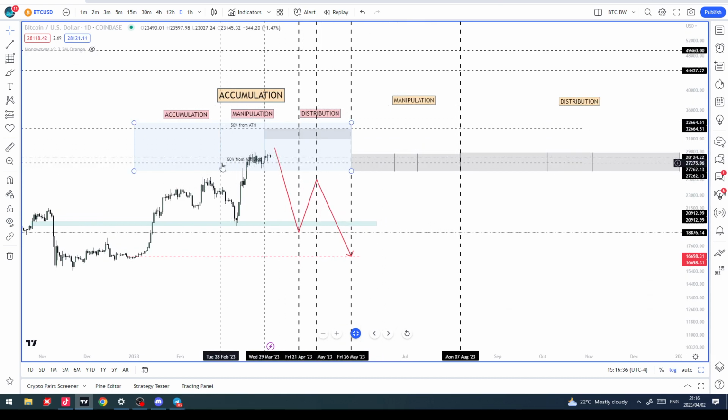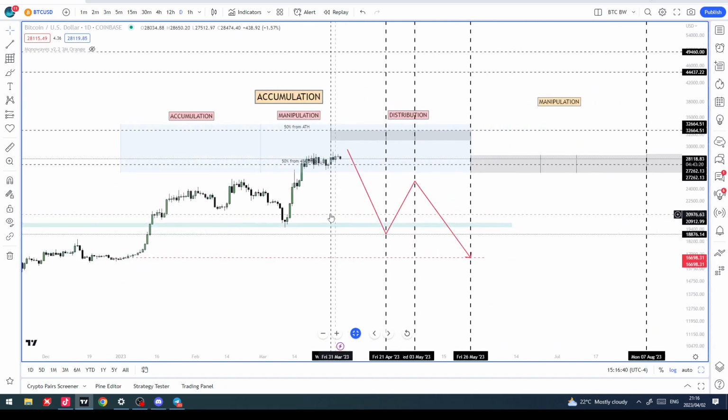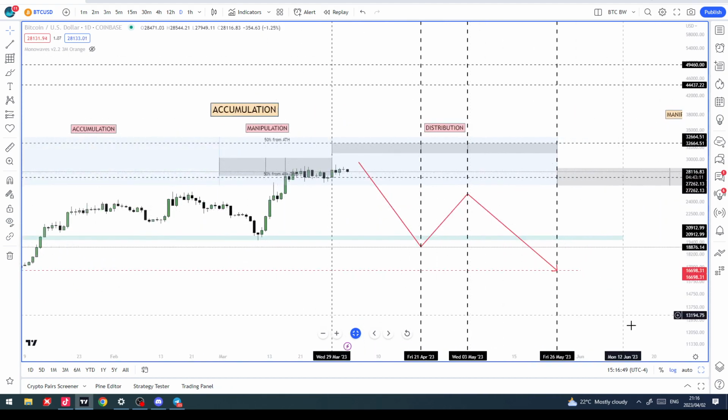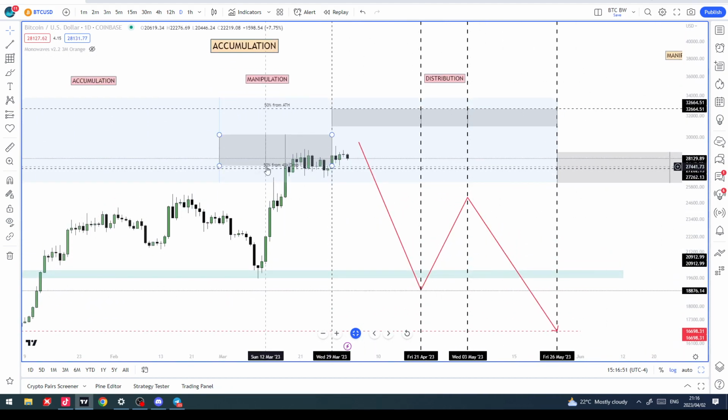Now you can see here within this, let's go further within this one, right? Further within the manipulation phase that occurred a few days ago, or weeks ago, you can see that on March 12th, remember I told you between this day and this day they're going to manipulate price. Can you remember that?